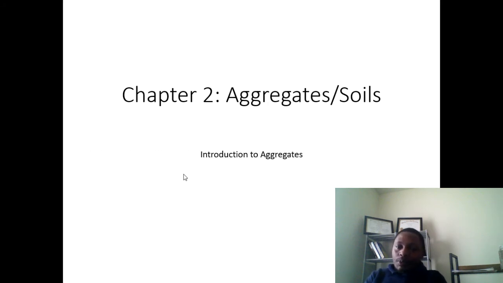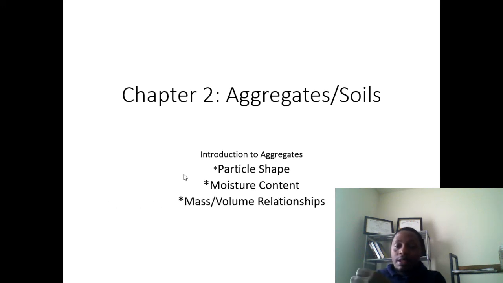And that's why that was part of my introduction, where we get our aggregate from and what good aggregates we use, and the particle shape, particle size, the moisture content, and looking at our mass volume relationships between the aggregates, okay?